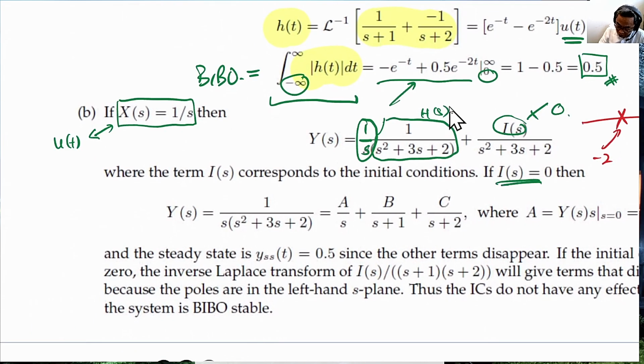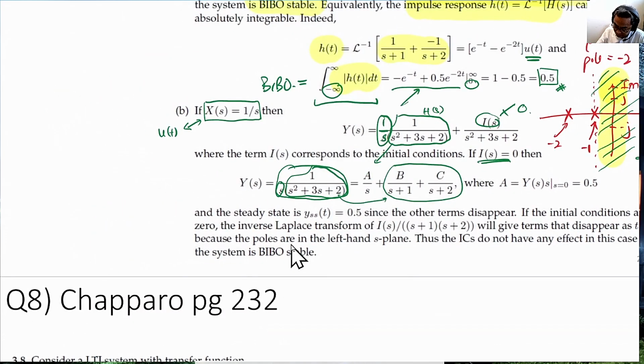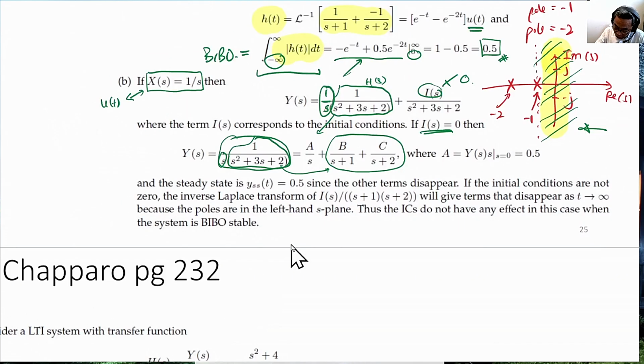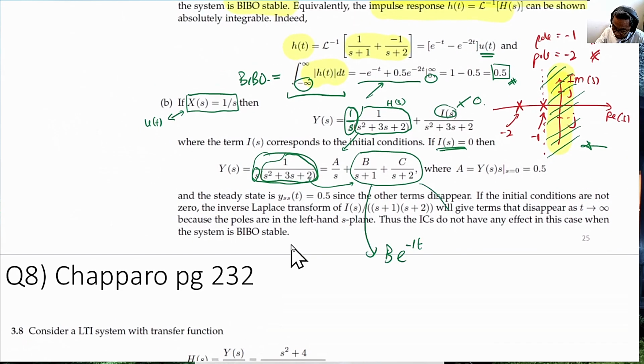And now we are going to solve for the partial fraction of only this term. We have 3 rational functions, A over s for the first, and the second, 1 over s squared plus 3s plus 2, is broken down into these two parts. By partial fraction expansion, you find A, B, and C. Now we know that the inverse Laplace transform is B e to the minus t, C e to the minus 2t.